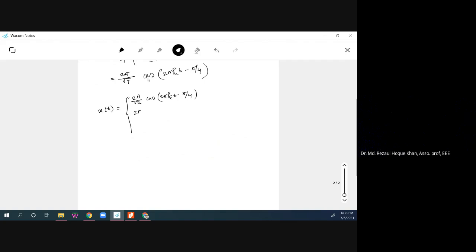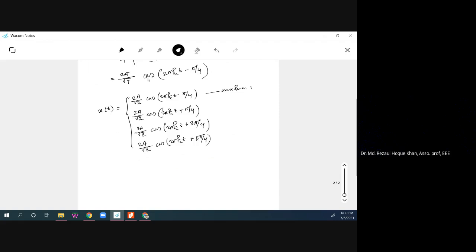The second will be cos(2 pi fc t plus pi by 4), then cos(2 pi fc t plus 3 pi by 4), and cos(2 pi fc t plus 5 pi by 4). So this is for waveform 1.